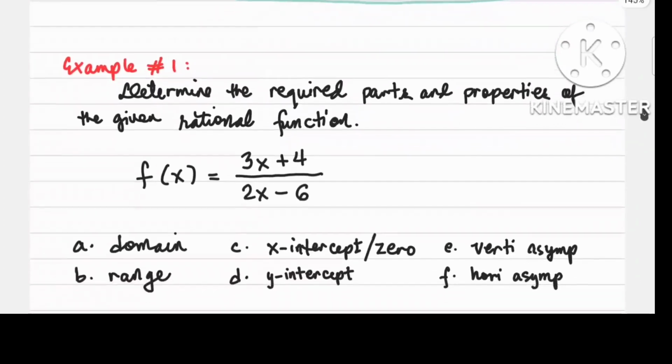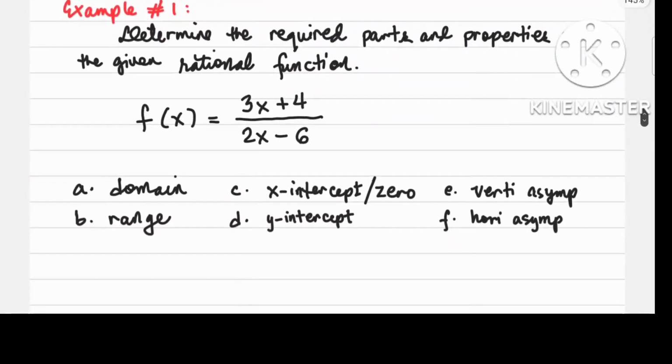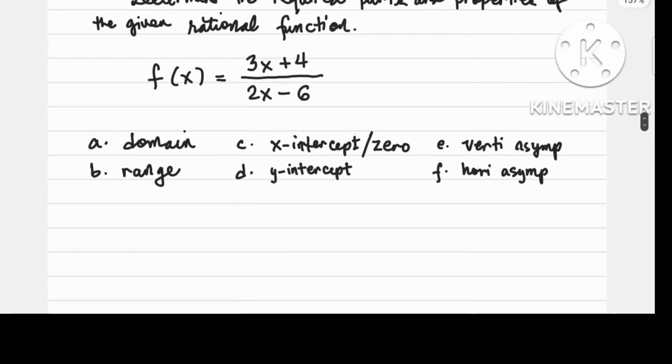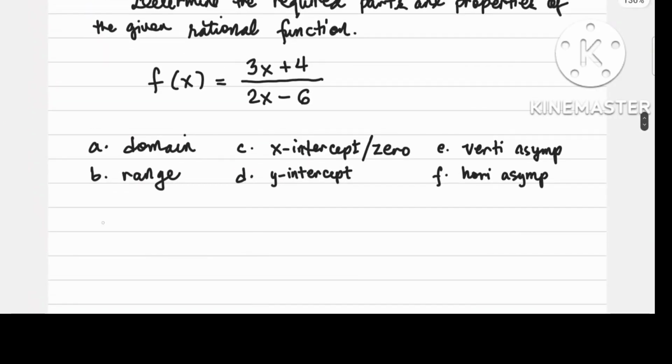So to make sense of all those things, let's try this example. Let us determine the required parts and properties of the given rational function, f of x is equal to the quantity 3x plus 4 all over the quantity 2x minus 6. Let's first determine its domain.